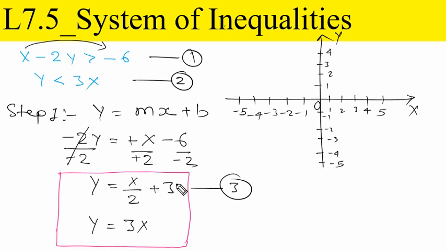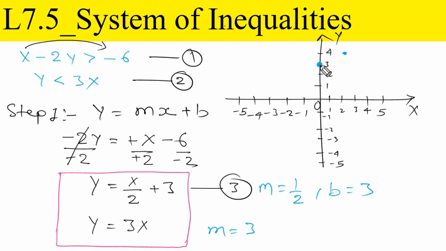Now the first equation here, the slope is m equals 1 over 2, and the y-intercept is 3. For the other equation, the slope is 3. So let's graph equation number 3 here. The y-intercept is 3. The slope is 1 over 2, so one step up, 2 units right.